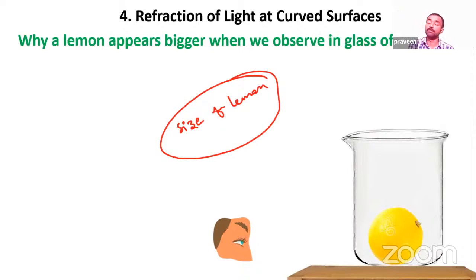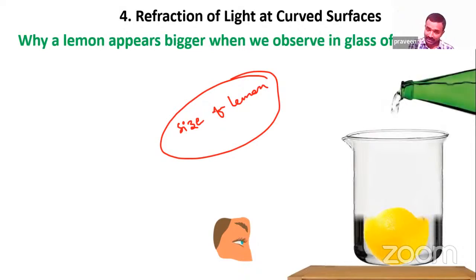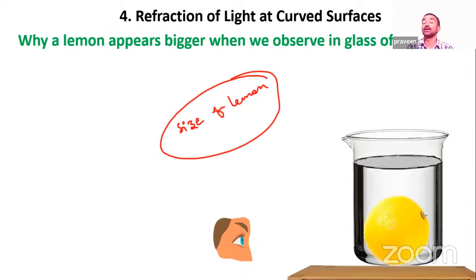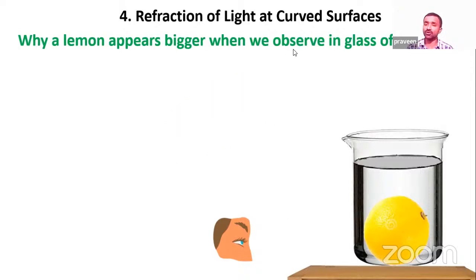Adding water into the beaker slowly, while adding you can also realize that the lemon is observed as bigger in size, not as before. Why did the size of the lemon change here? The simple reason we expect is that I added water.